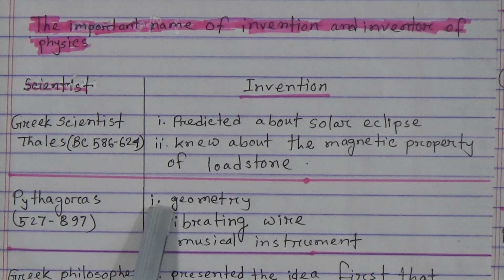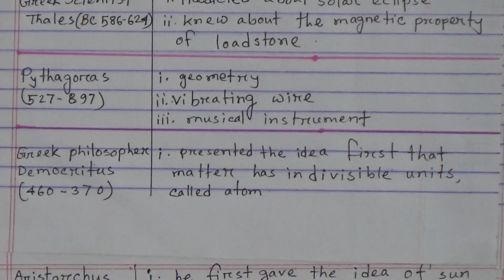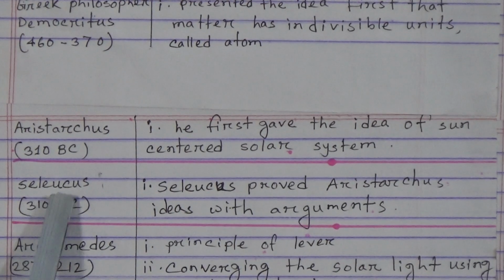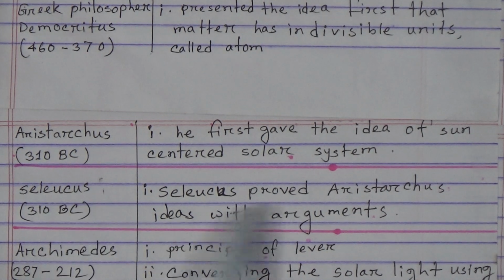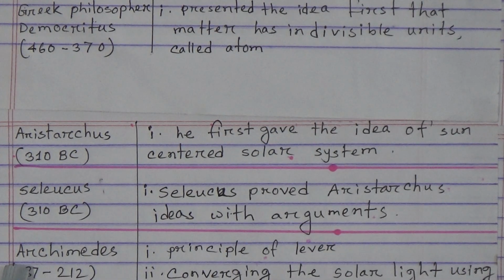Pythagoras discussed geometry, and he worked on vibrating wire and musical instruments. The Greek philosopher Democritus first presented the idea that matter has indivisible units, which are called atoms. Aristarchus first gave the idea of the sun-centered solar system. Seleucus proved Aristarchus' ideas with arguments.